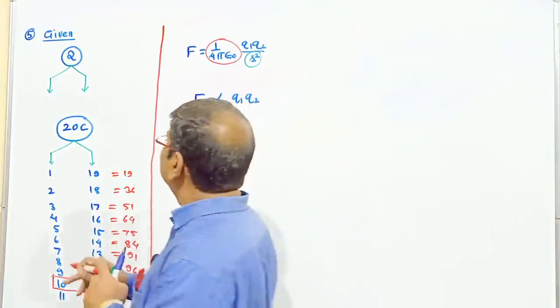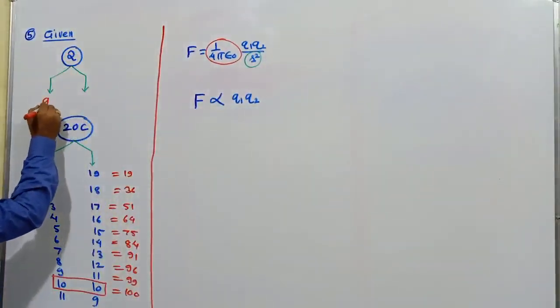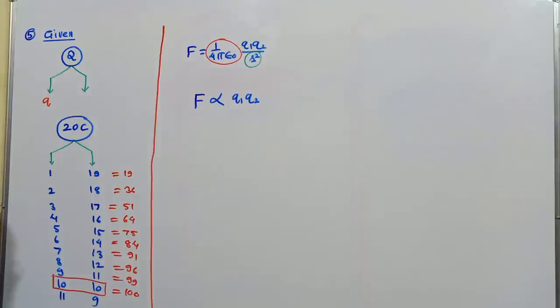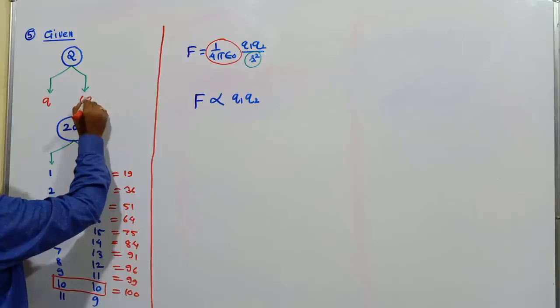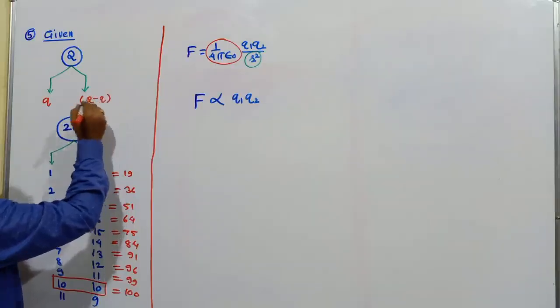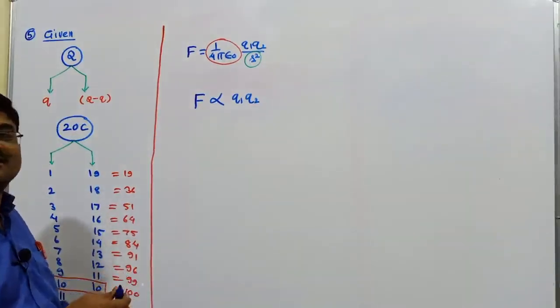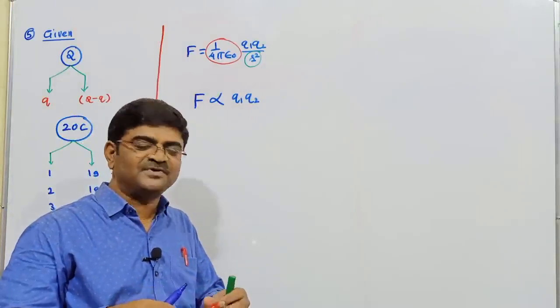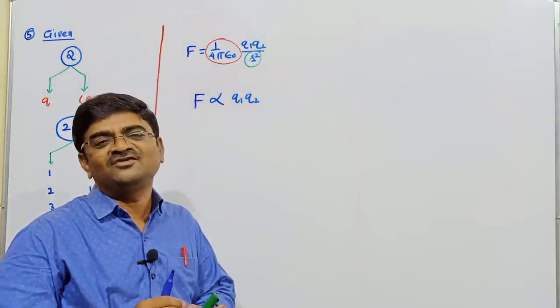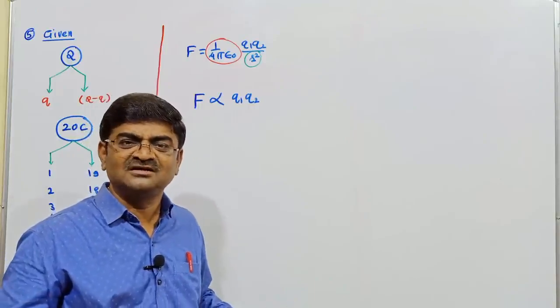See here. The first part of this charge, let us say, I have as a small q. The second part of this charge, then obviously, I will have as a capital Q minus small q. And I have brought to your notice that the force between charges in the pair is directly proportional to the product of their magnitudes. Other terms are the same, constant.